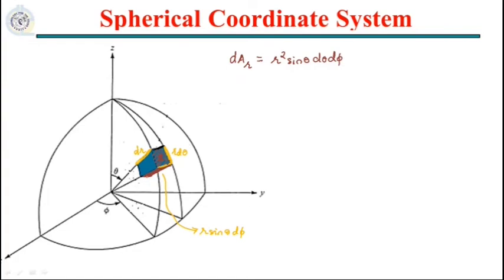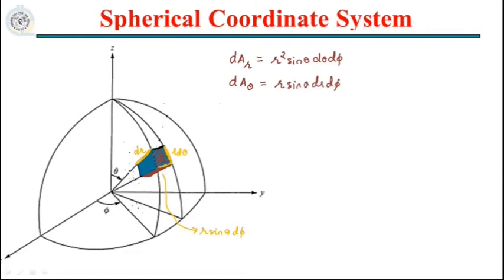So who is constant on this plane while I move around here? Theta is constant. So I'll define dA theta, which is equal to dr into r sine theta d phi. I should have said r sine theta dr d phi.